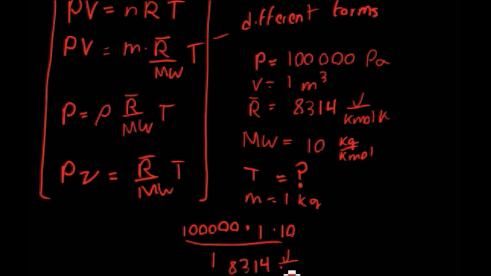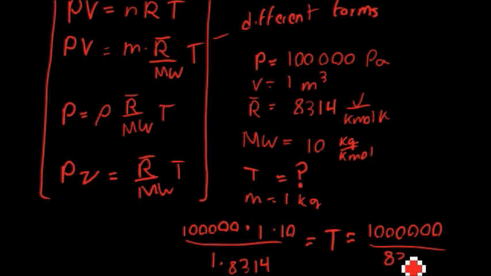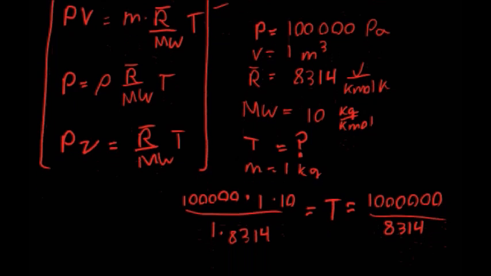That's joules per kilomole. I apologize. So that'll give you what your temperature value is, which it may be fictitious, but you get the point. So this is 1,000,000 divided by 8314. I'll let you figure that out.